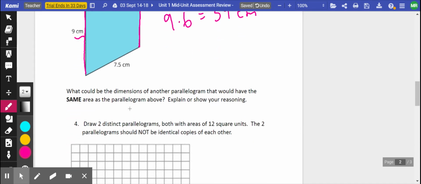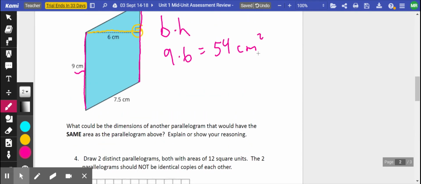And then we're asked what could be the dimensions of another parallelogram that would have this same area. Well, since we multiply the base and the height to get the area, other parallelograms that have an area of 54 square centimeters simply need to have a base and a height that is a factor pair of 54.